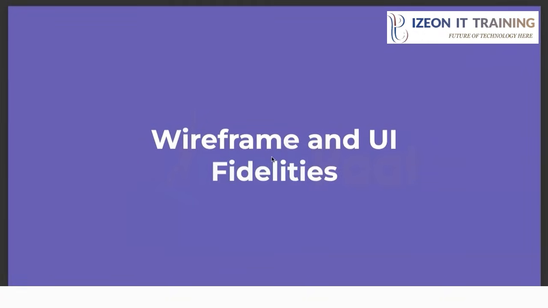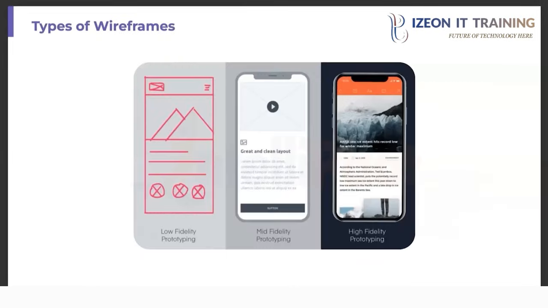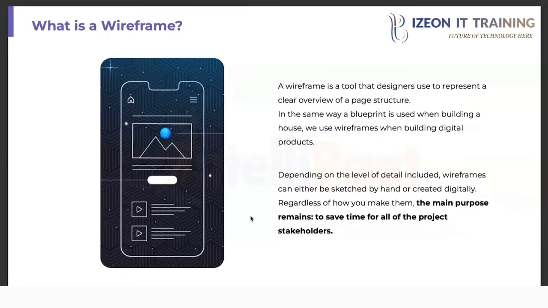Okay. Let's see some wireframes and UI fidelities. First of all, what is a wireframe? A wireframe is a tool that designers use to represent a clear view of a page structure.